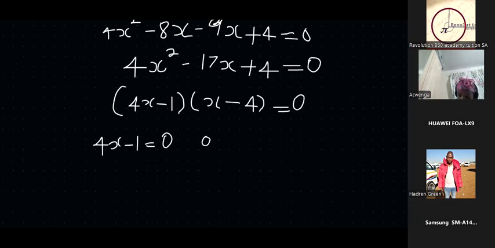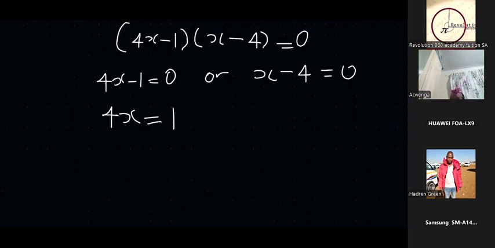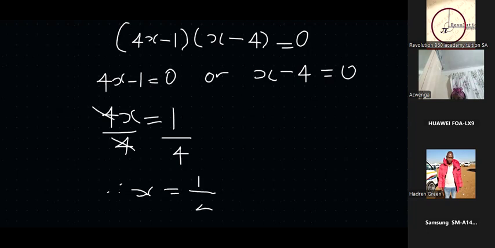Then you say 4x equals negative 1. You transpose it that side, it changes the sign to become positive, so that's 1. Then you divide both sides by 4, because what you do on the left hand side, you also do on the right hand side. 4 cancels 4. Therefore, the value of x is 1 over 4. Then x equals 4.